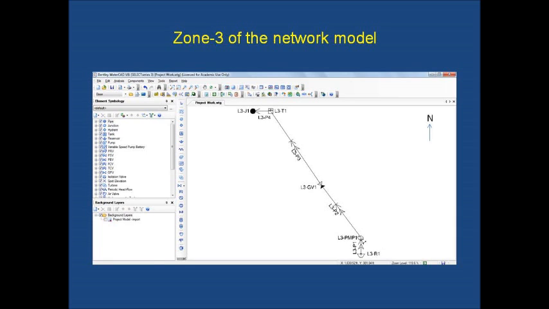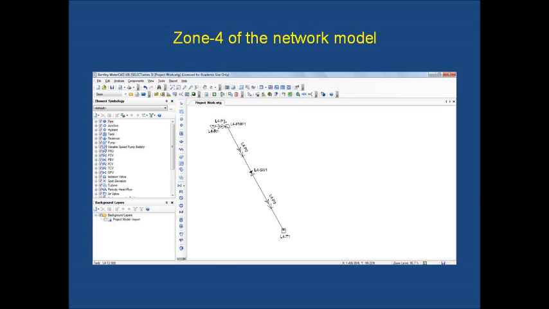The zone 4 of the network model has zone 4 reservoir. From the reservoir, we take the water to the pump. From the pump, we take the water to the gate valve V1. From the gate valve V1, we take water to the tank.